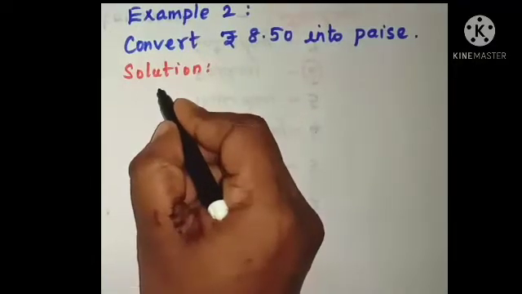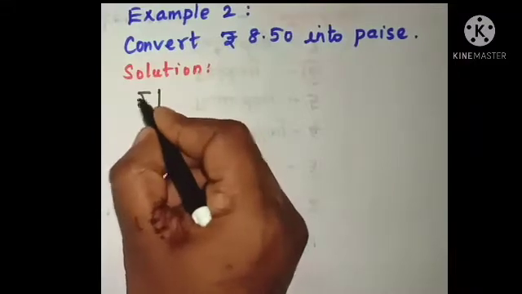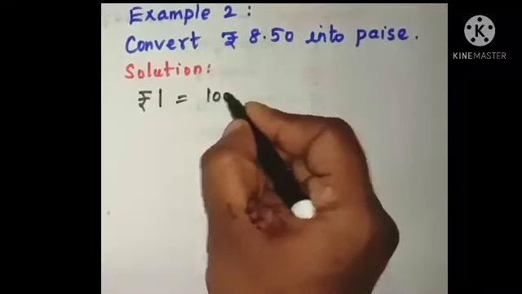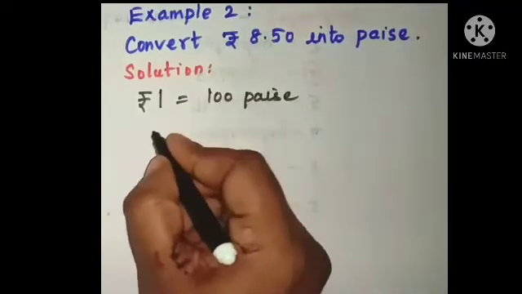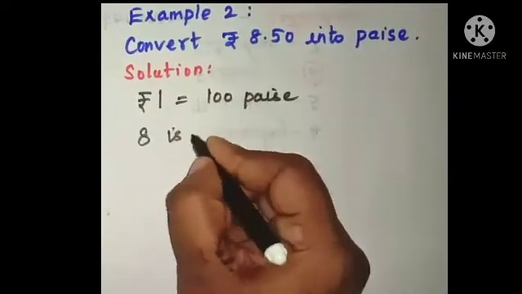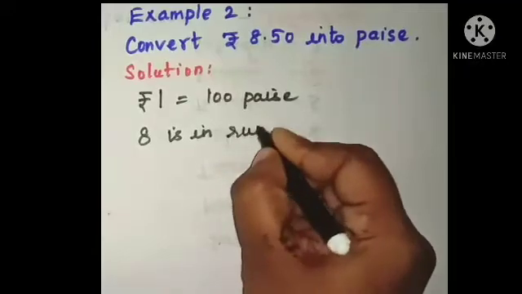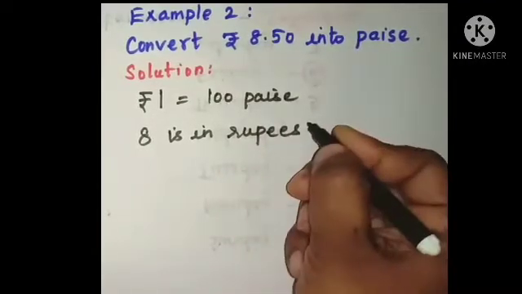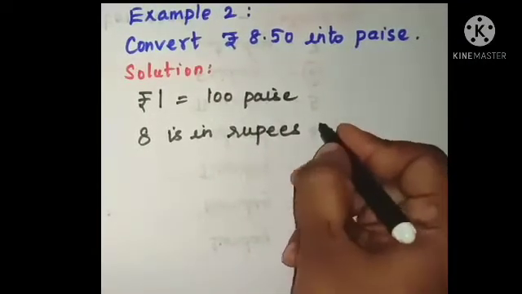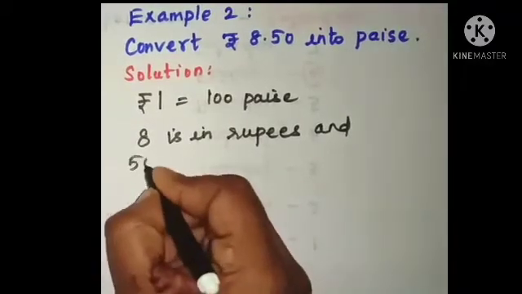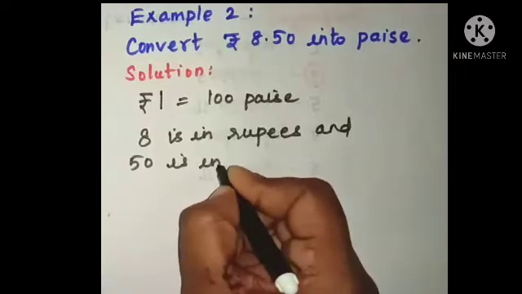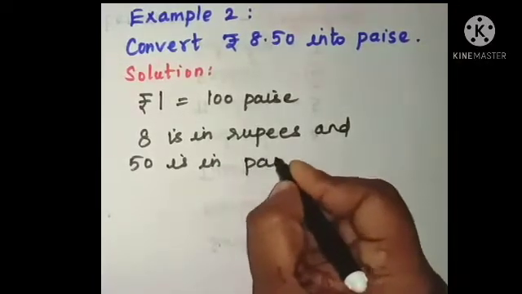Before that, write down rupees 1 is equal to 100 paise as we know already. And 8 is in rupees. And what about 50? 50 is in paise.